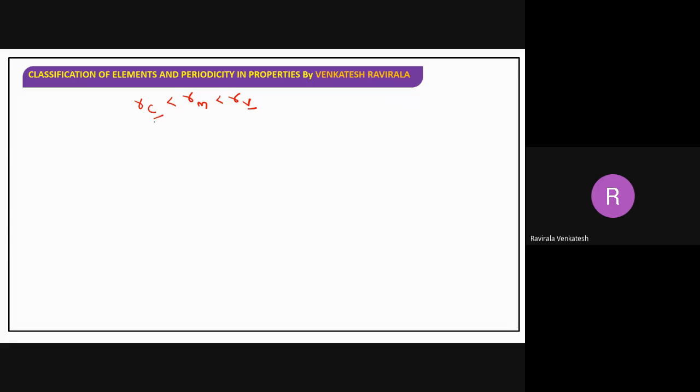So in this case, we are going to have more attractive forces, and in this, less attractive forces, because of the distance. Shorter distance means more attractive forces.